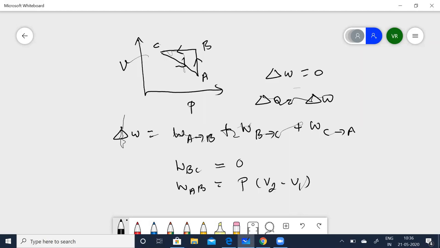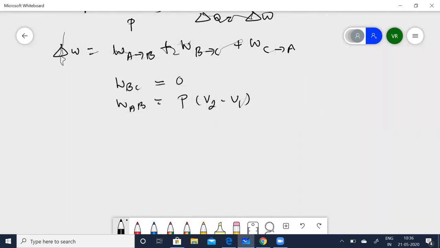See, this is V1 and this is V2. So you can see it is changing. P into V2 minus V1, but pressure is constant here. Now substitute, that would give you 10 times 2 minus 1, which is equal to 10 joules.